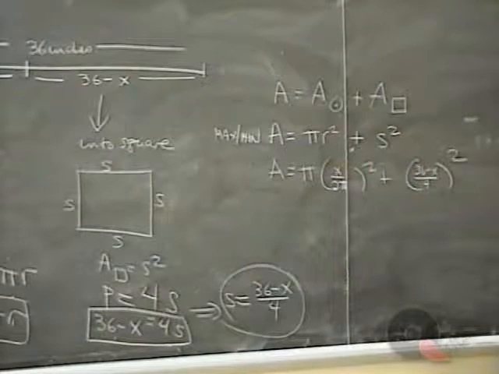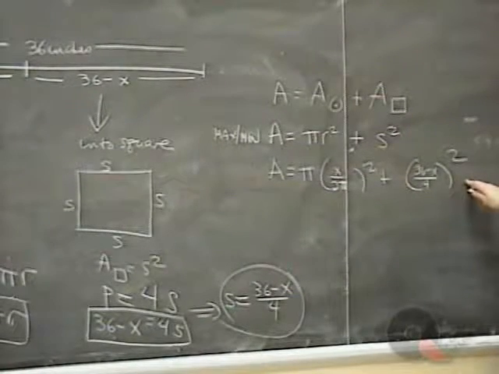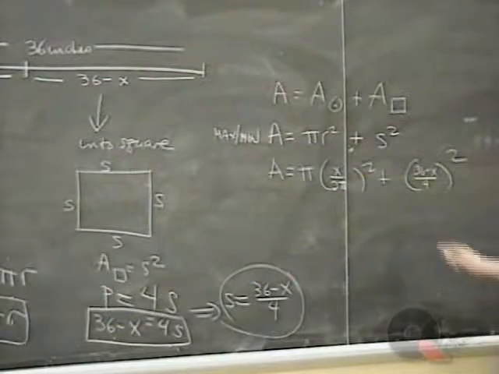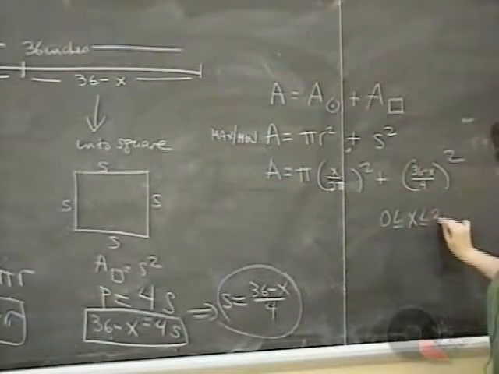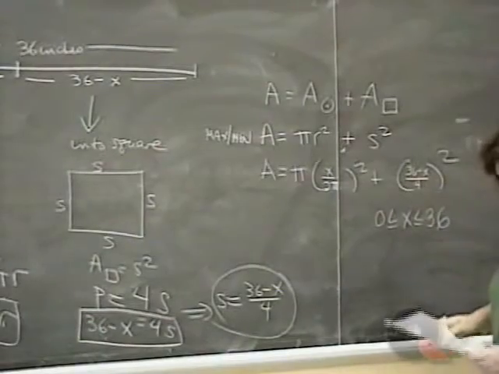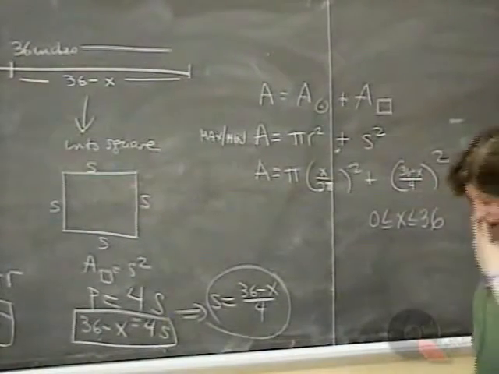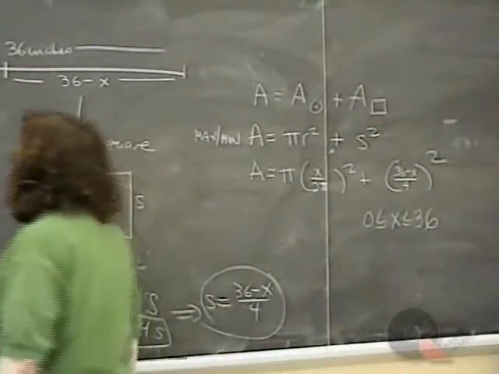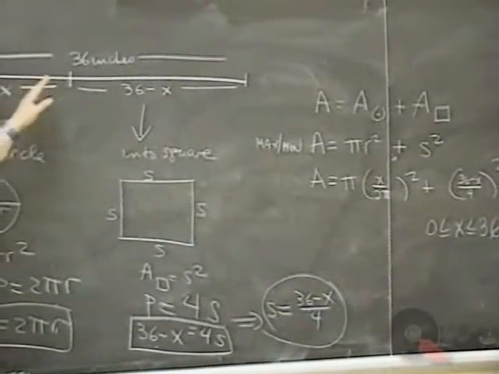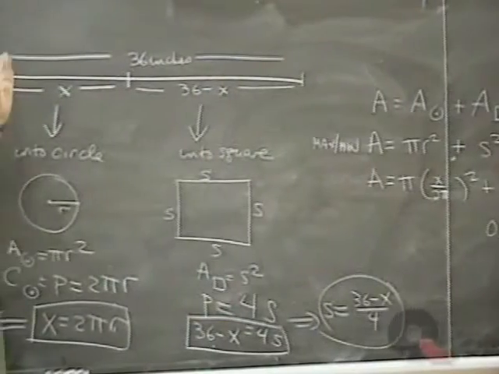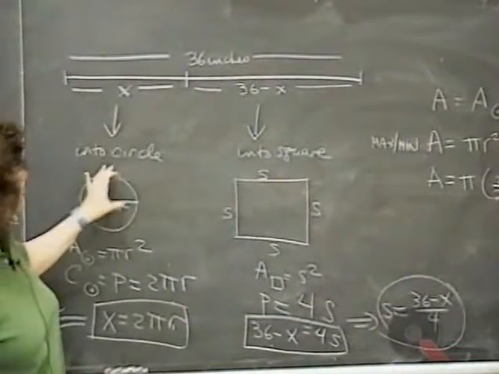Okay, so we have A in terms of only one letter, and we need an interval on that letter x, and the interval is the closed interval from 0 to 36. If x is 0, then no wire is used. We don't cut at all. No wire is used for the circle.